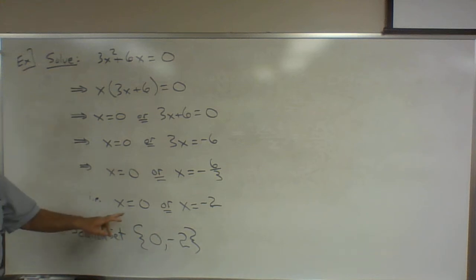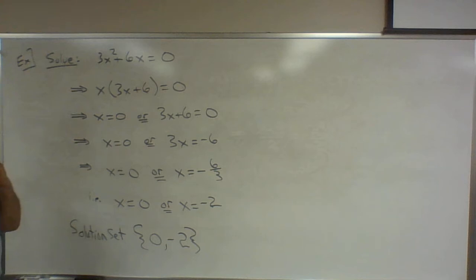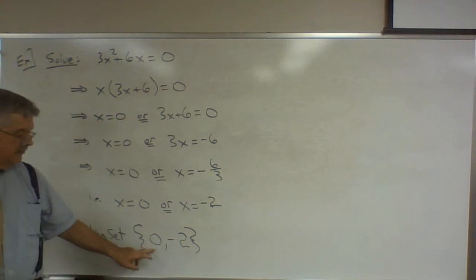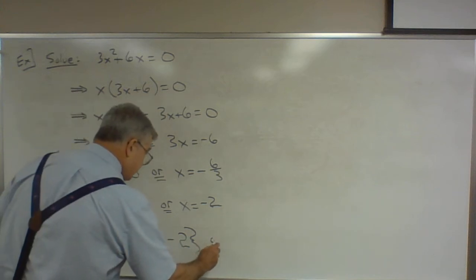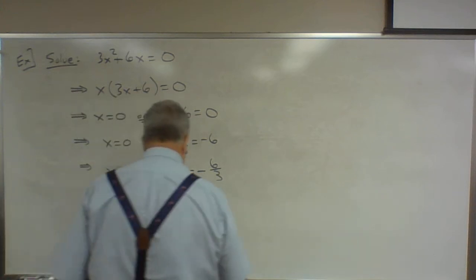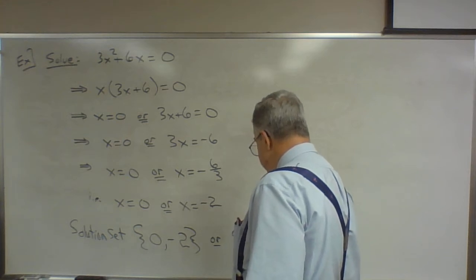So our solutions are x equals 0 or x equals -2. And our solution set is 0, -2. And typically we'd write this with the smaller constant first, but it doesn't have to be that way.